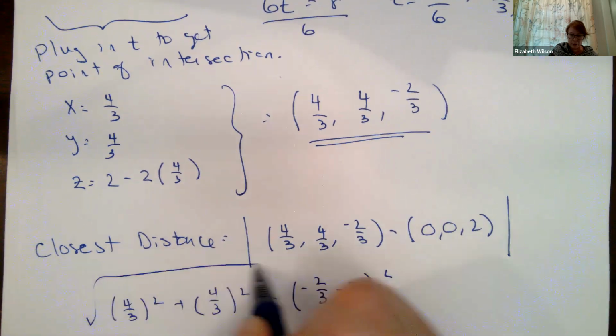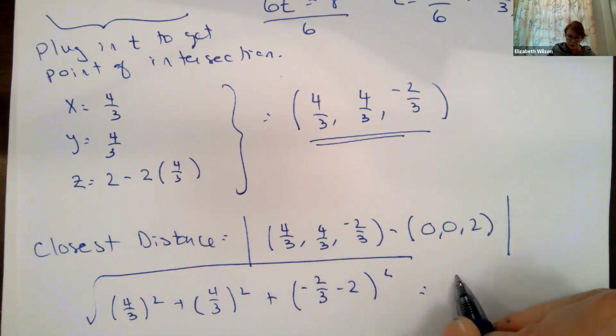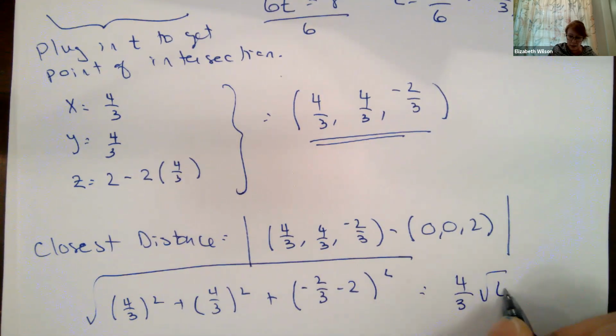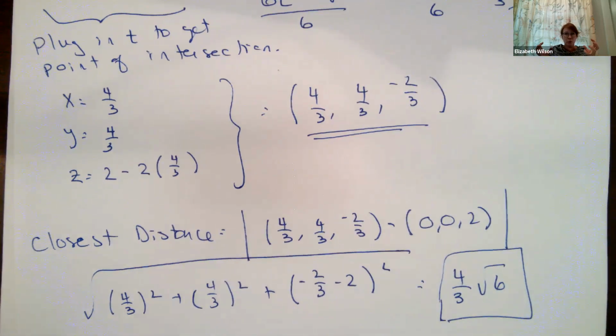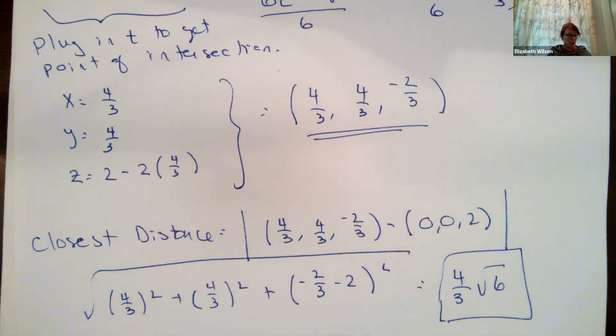Add them all up, take the square root, and voila, same thing. Different methods, but you should get the same values. So this is my closest distance. Personally, I like this method better. It's a little bit more streamlined. It's using ideas that we've used before, which is points of intersection.